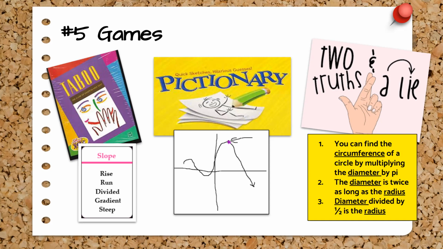However, they cannot use the most obvious words associated with slope in their description. So they're trying to get their team to guess the word slope, but they're not allowed to use the words rise, run, dividend, gradient, or steep. So it makes it a little bit challenging and a little bit more fun.